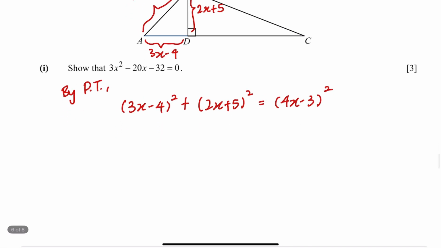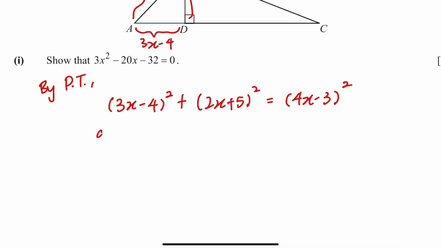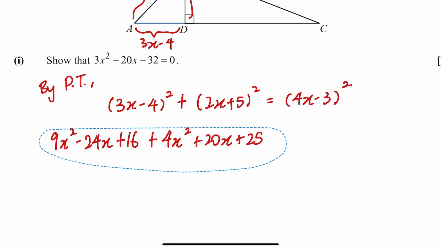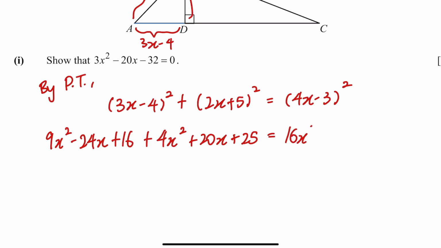Okay, so over here, we just simply need to expand. By expansion, I'll get 9x squared minus 24x plus 16, plus 4x squared plus 20x plus 25, equals 16x squared minus 24x plus 9. Then by simplification, maybe to make it easier, I combine the left side terms first.